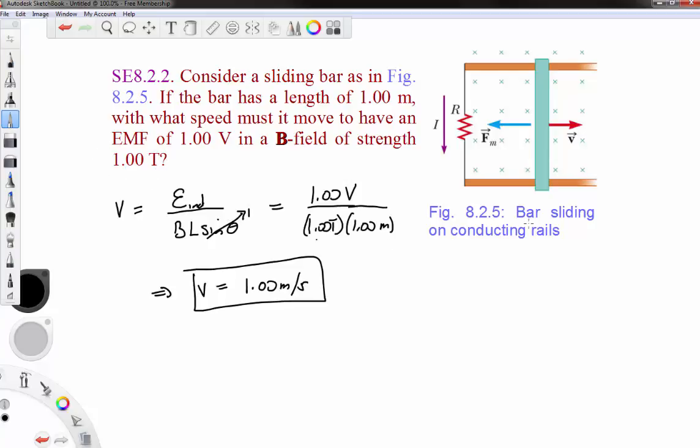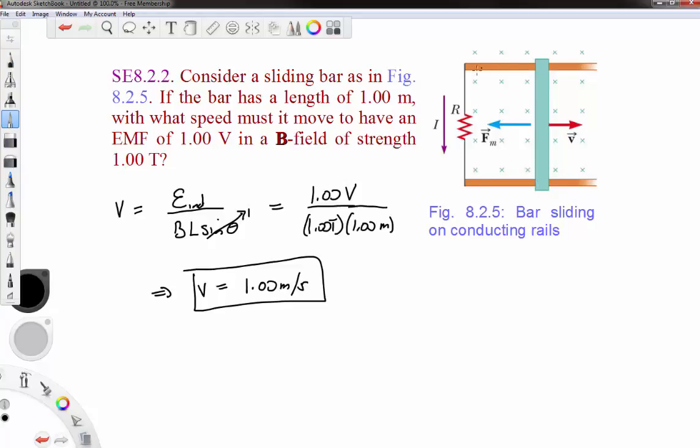A Tesla is the magnetic field such that if you set up a bar on a pair of tracks, a sliding conductor on a pair of conducting tracks, and you move this conductor at a speed of 1 meter per second and you get a measured voltage of 1 volt that's induced, then your magnetic field strength is 1 Tesla.